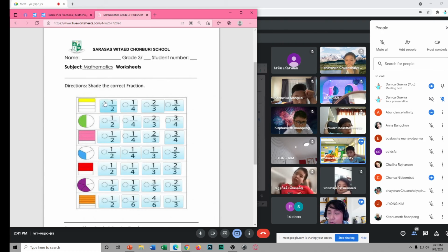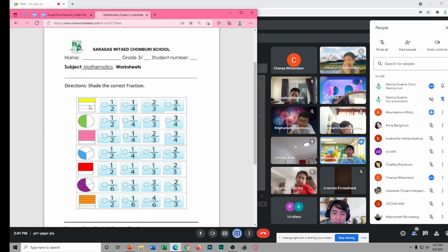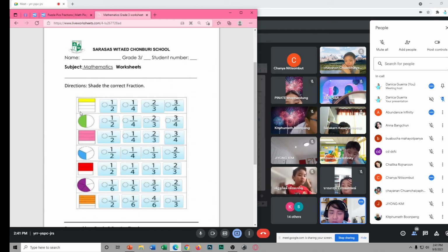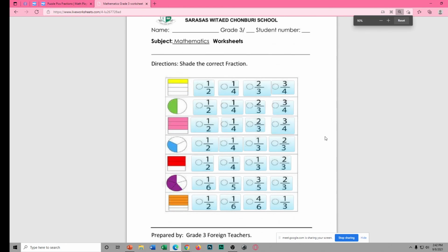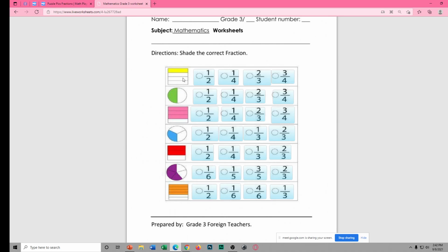Now, you are just going to choose the correct fraction. For number one, what's the fraction here? 1/4. Then just click. Next. What is this one? 1/2.